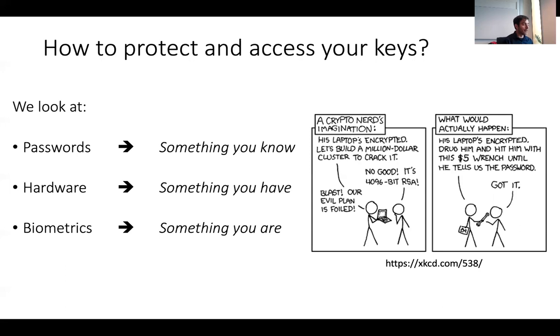Your credit card itself contains a chip, which is a hardware token that identifies you. You can also imagine the key you use to enter your car. It's some hardware, something that you have, and that gives you access to some resource.